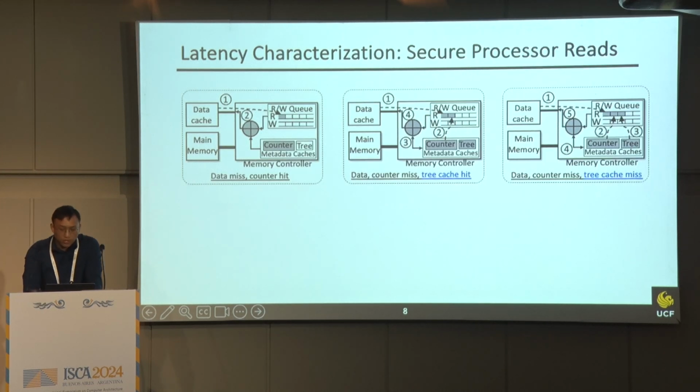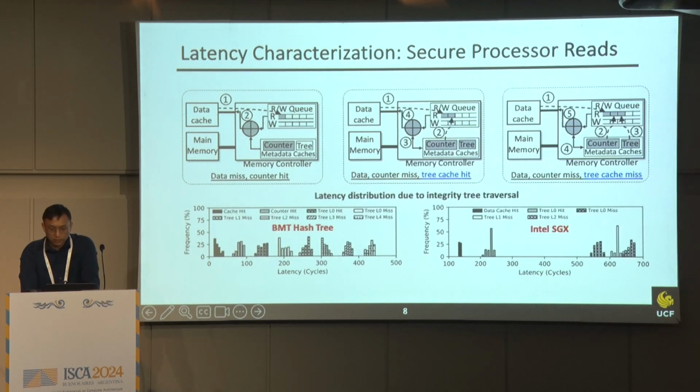analysis, enumerating all the possible verification paths, and the result is shown below for 2 configurations. Each clustered bar here denotes a particular verification path, from no tree traversal needed to traversing all the way to the root. So as we can see, there are highly distinguishable multi-level latencies with respect to the integrity tree accesses.